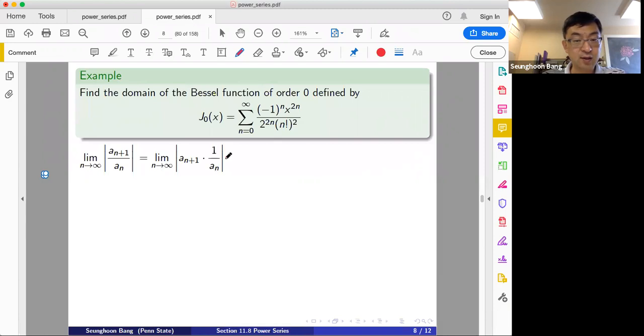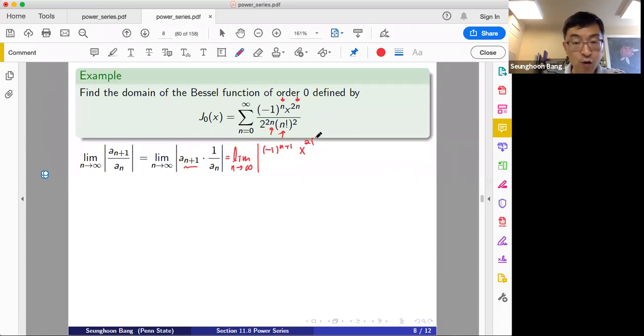So this is the limit as n approaches infinity of the absolute value of a_(n+1) times the reciprocal of a_n. Plug n plus 1 into n: (-1)^(n+1) x^(2(n+1)) over 2^(2(n+1)) times ((n+1) factorial) squared. Be careful.